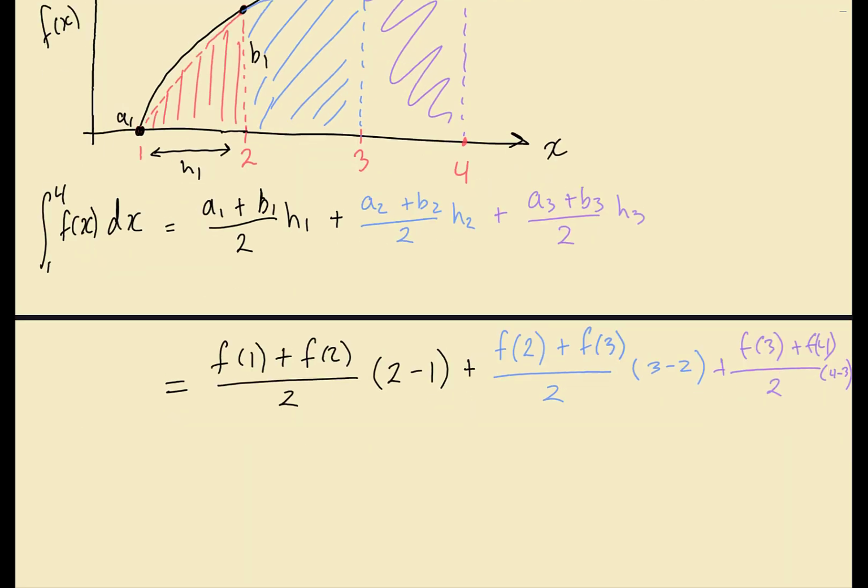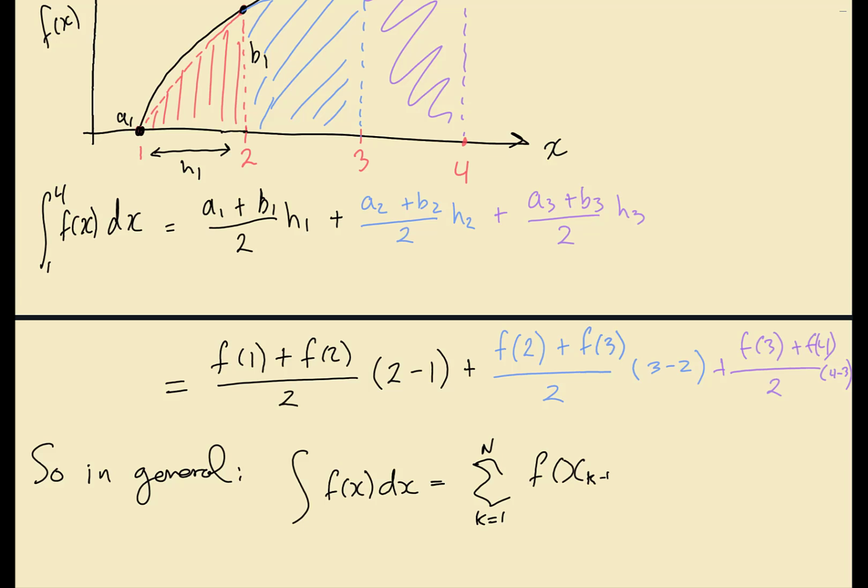So the general form for this equation is: the integral of f of x dx is equal to the summation for k equals 1 to n of (f of x at k minus 1 plus f of x at k) divided by 2 times (xk minus xk minus 1).